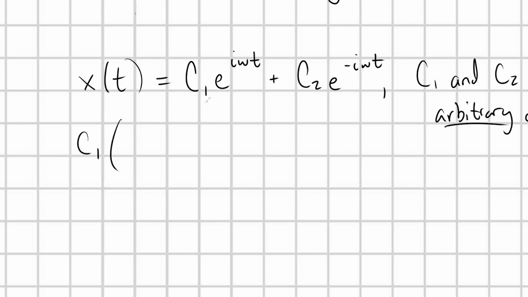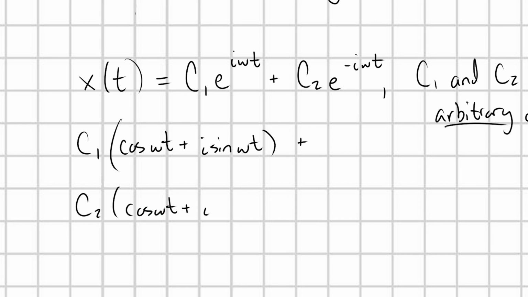I can write e^(iωt) as simply cos ωt plus i sin ωt, plus C2 times cos ωt plus i sin of minus ωt. Yes, you have cosine of minus ωt in here, but by trig identities, cos ωt and cos(−ωt) are equal.